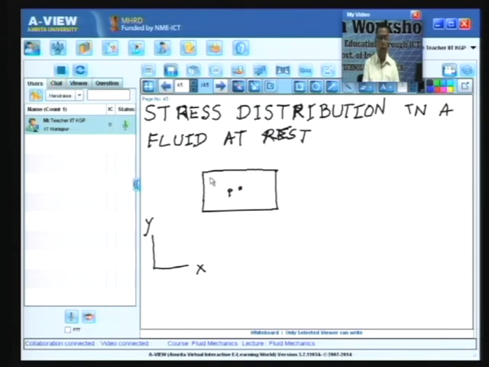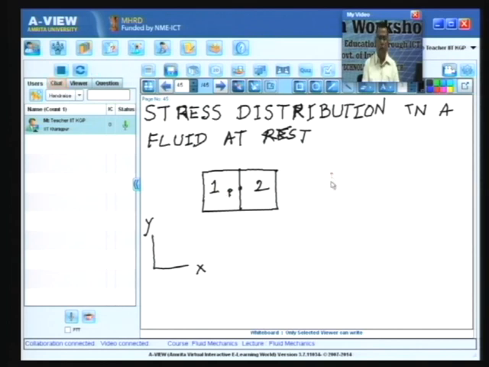So, if we divide this fluid element into two parts by a vertical plane, and we call the left side 1 and the right side 2. Now, the molecules on this side 2 will exert a net force on the fluid which is in this left side of this vertical line, which we are calling 1.